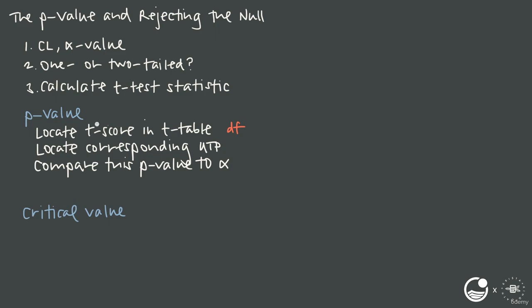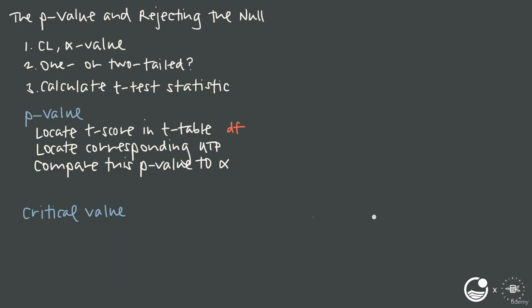Once we find the cell in the t-table where we're positioning ourselves, we'll look at the corresponding upper tail probability at the top of the t-table. And then based on the kind of test that we're running, we'll use that upper tail probability to determine the p-value. And then we'll compare that p-value to the alpha value that we set out at the beginning when we picked a confidence level. And we'll go through these steps in detail with an example.